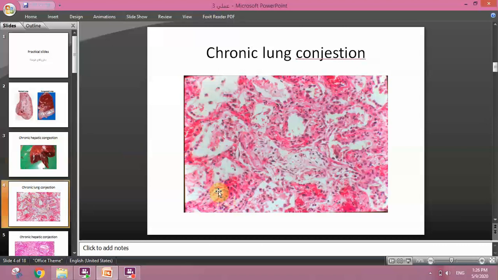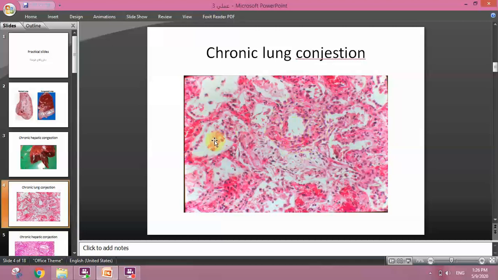Chronic lung congestion, microscopic picture. This is a microscopic picture of the lung. These are the alveoli, back to back, and this is not normal alveoli. The alveolar septa are thickened and widened, and the blood capillaries within the wall are dilated and engorged with red blood cells.